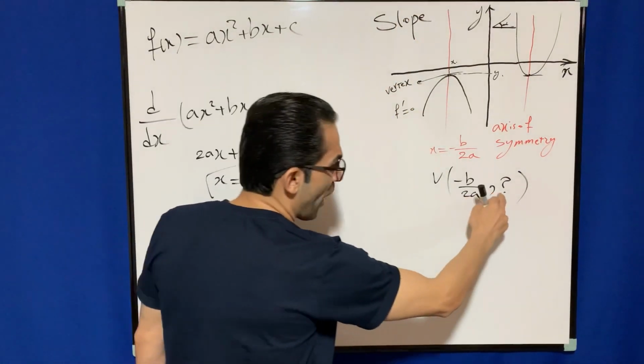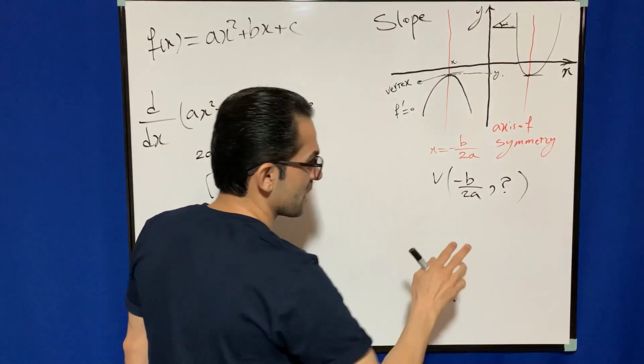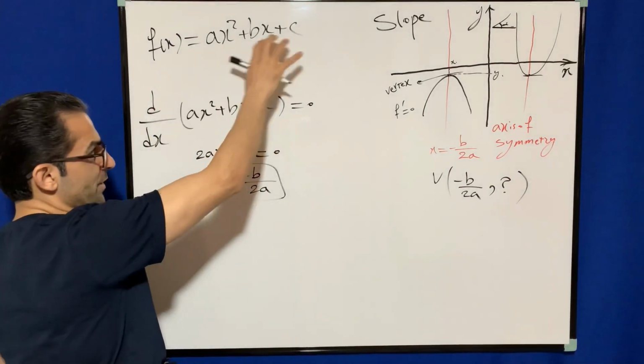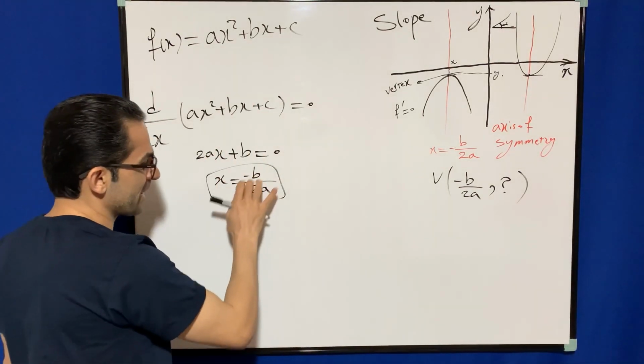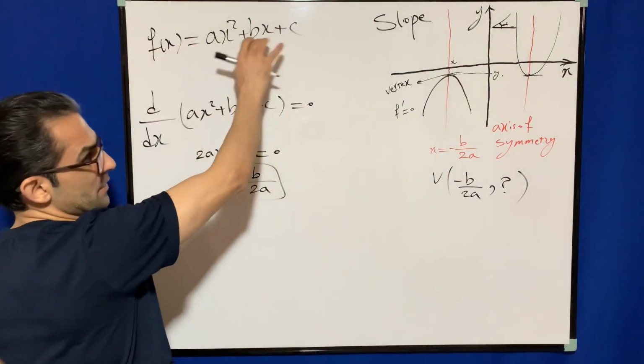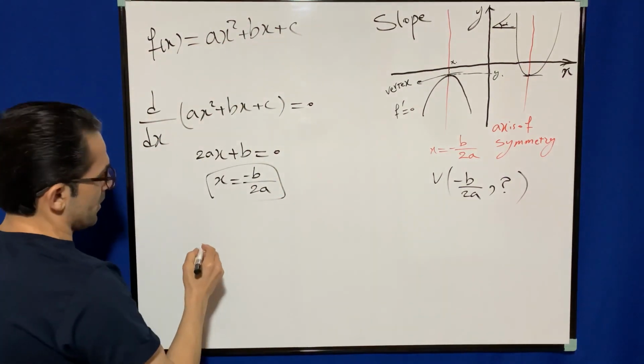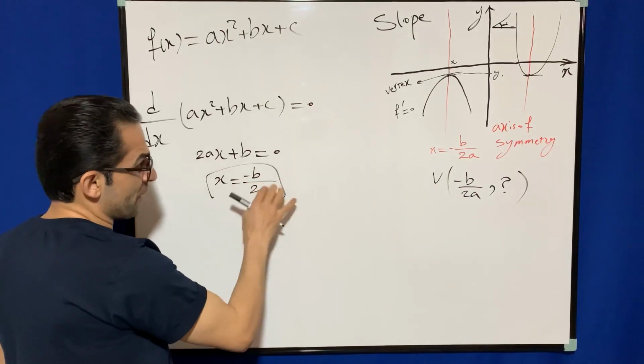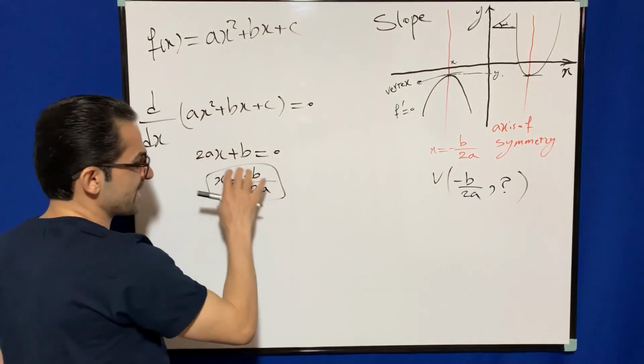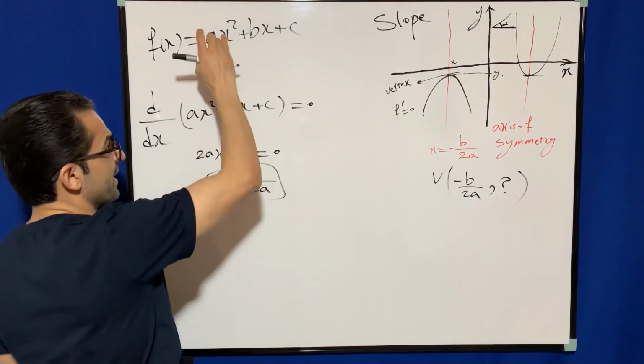But what about the y coordinate of vertex? We must plug it in the equation. I mean, plug negative b over 2a in the equation. In fact, we substitute negative b over 2a for x or use negative b over 2a instead of x.